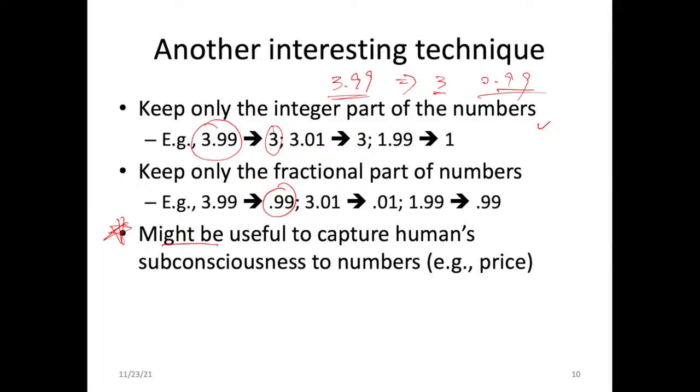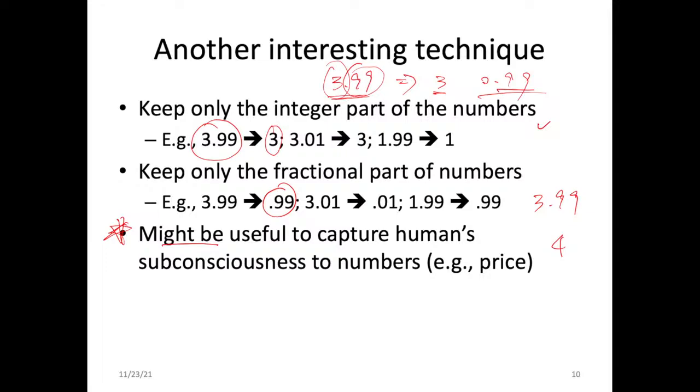And here's an explanation. They said that you might be able to capture humans' subconscious perception of numbers. When you see a price, 3.99 and 4 are very different. 4 means it's more expensive. 3.99 perhaps means it's not that expensive. Right? So some people separate this into the integer part and the fractional part.